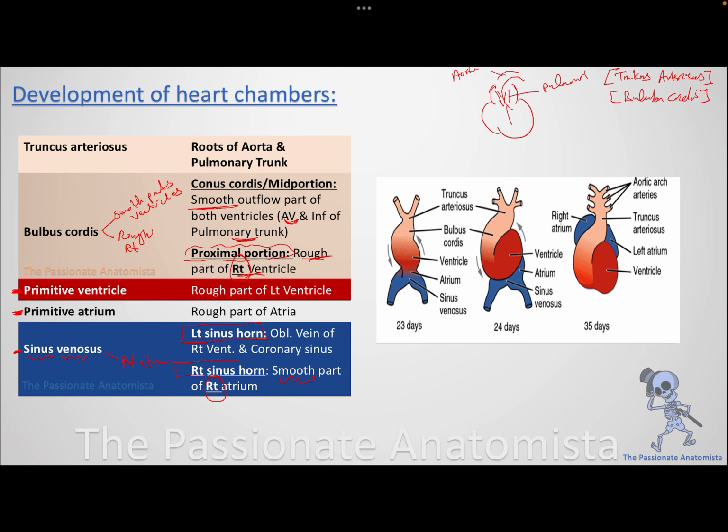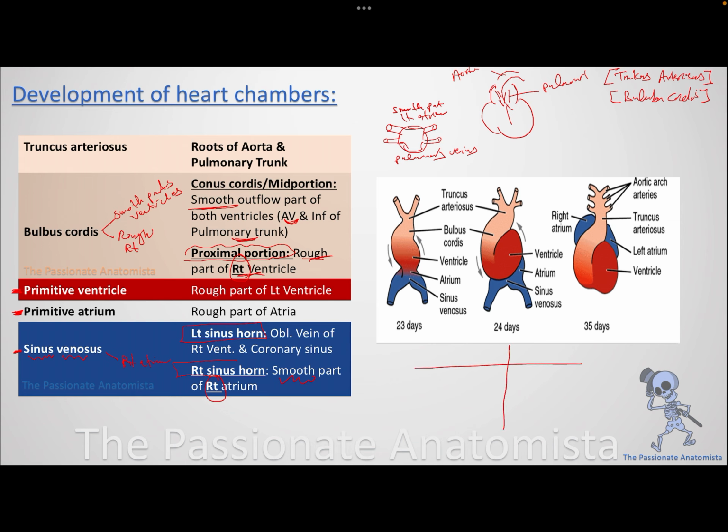The left atrium receives the 4 pulmonary veins. So the smooth part is coming by absorption of these veins into the left atrium. The smooth part of the left atrium is coming by absorption of pulmonary veins.